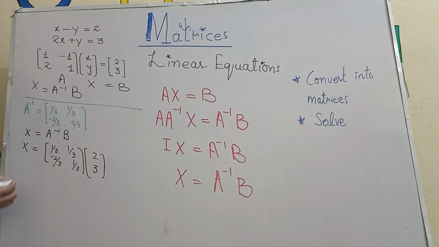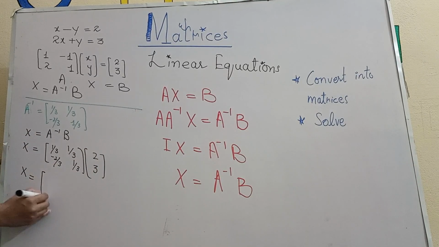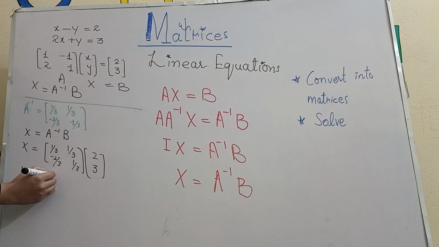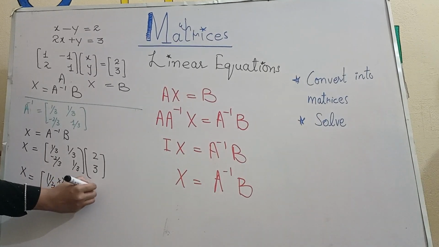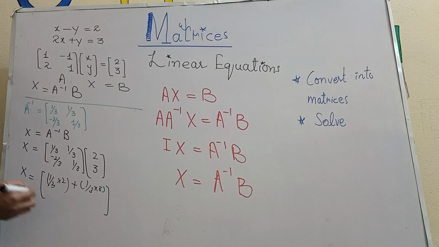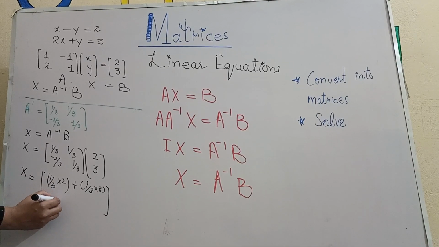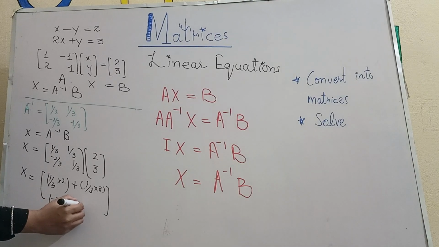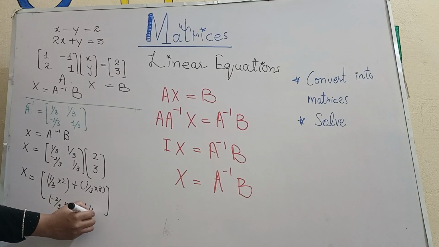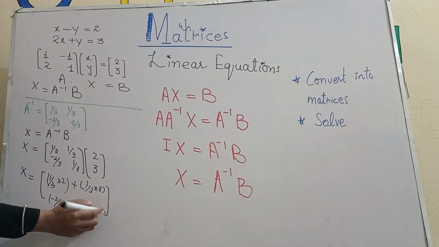So we are going to apply multiplication over here. The multiplication procedure: 1 by 3 multiplied by 2 plus 1 by 3 multiplied by 3, and here we have minus 2 by 3 multiplied by 2 plus 1 by 3 multiplied by 3.